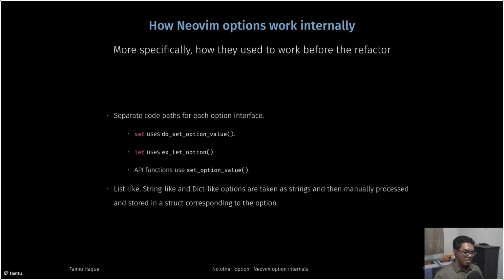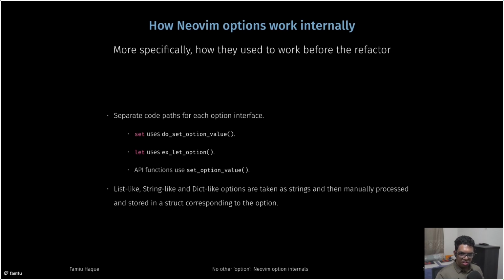Anyway, list like, function like, and dict like options. I've talked about this in a previous slide, but these three, sorry, I said string like here for some reason. List like, function like, and dict like options are taken as strings and then manually processed and stored in a struct corresponding to the option. So, you know how I talked about how lists and dicts are represented using strings, but they aren't stored internally as strings.